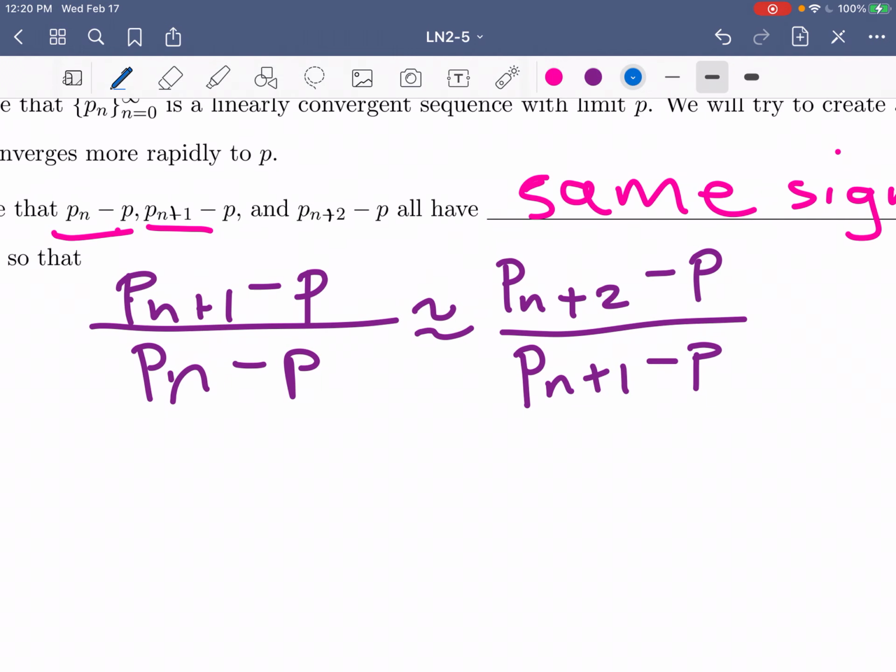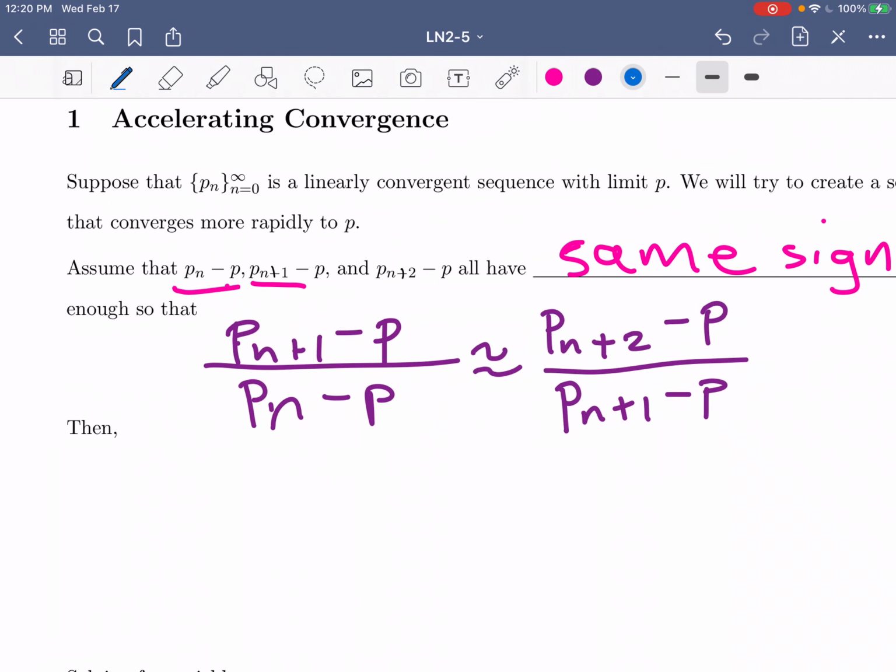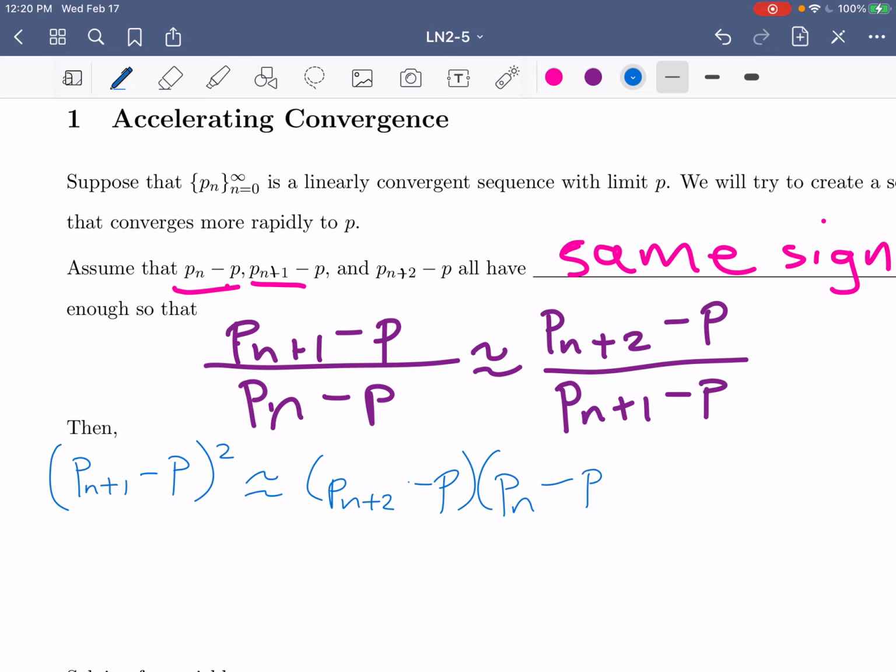So we can multiply both sides by the denominators. If we multiply both sides by the denominators, we will have (p sub n plus 1 minus p) squared is approximately equal to (p sub n plus 2 minus p) times (p sub n minus p).